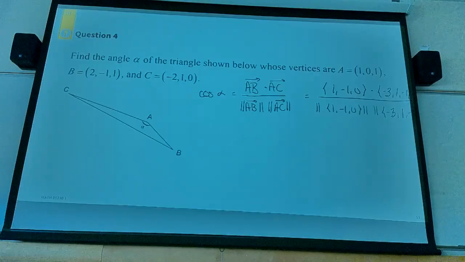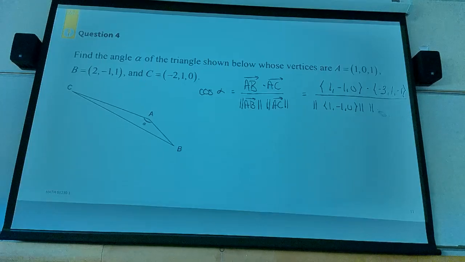What is that dot product? What was it? What is the magnitude of 1, negative 1, 0? What is the magnitude of negative 3, 1, negative 1?